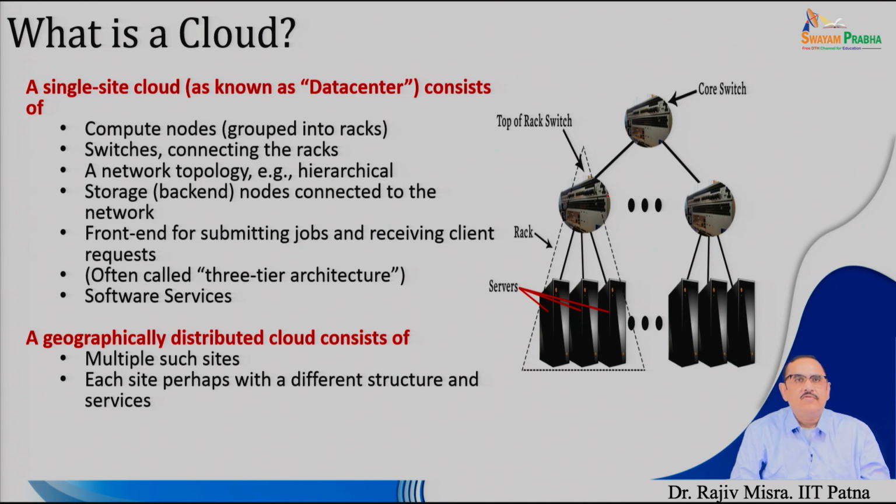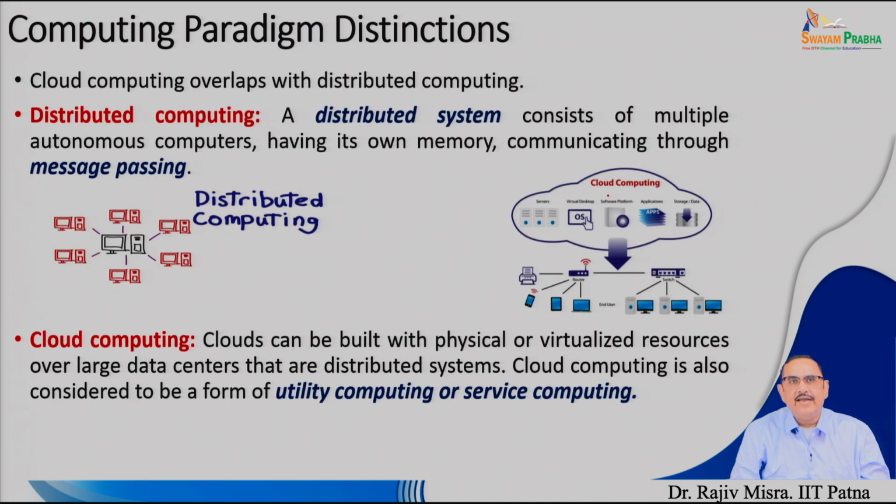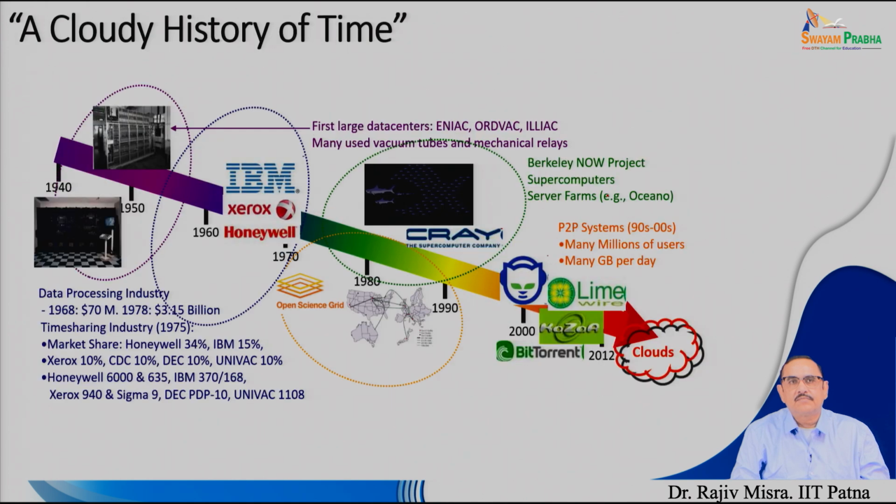One such site, as we have told you, is called a data center, where each site perhaps has a different structure and provides different services. The cloud computing paradigm distinguishes itself from distributed computing in that cloud computing can be built with physical or virtualized resources over large data centers, which are nothing but distributed computing principles.